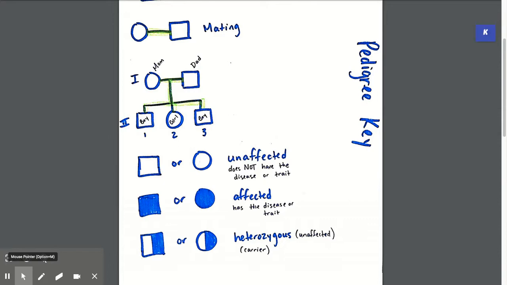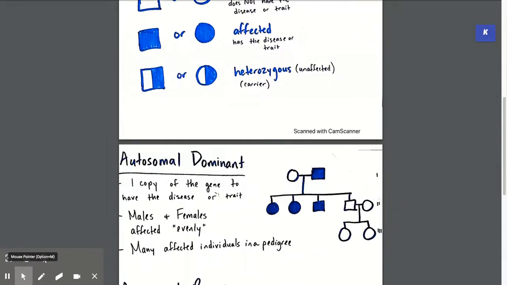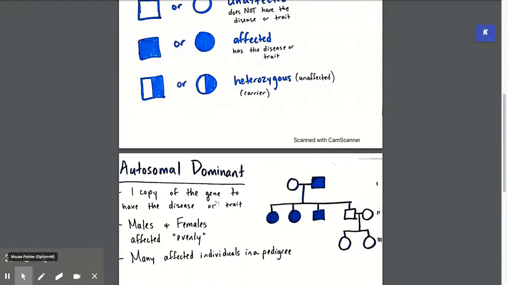This individual, the heterozygous individual, is unaffected. They are normal. They present as not having a disease or a trait. So there are 3 different types or patterns of inheritance that can be represented in our pedigree charts.